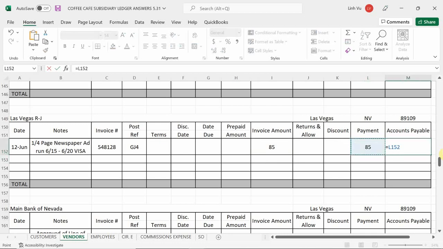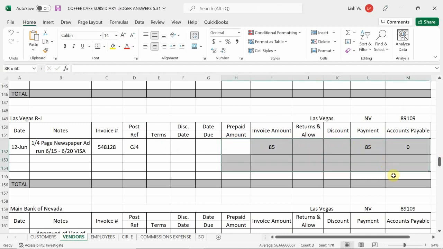that means I don't owe the Las Vegas Register Journal any money, because I've already paid them for what they need to complete for me. So in this case, I paid them to run a newspaper ad, and now they have to hold up their end of the bargain, because this is the contract that I signed and paid.